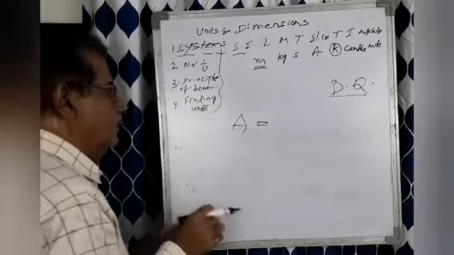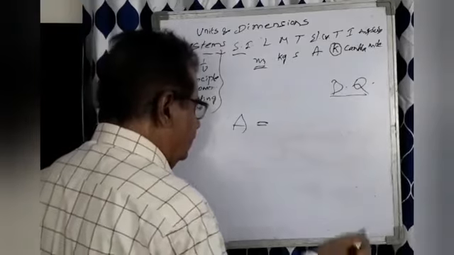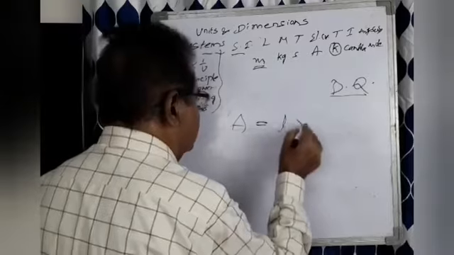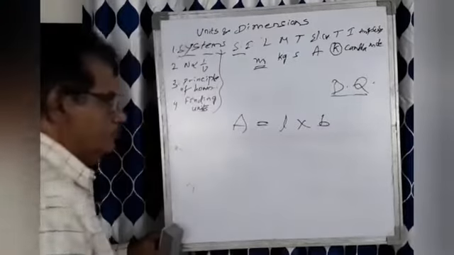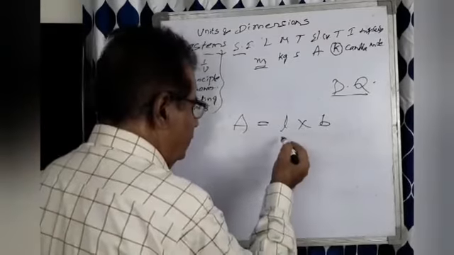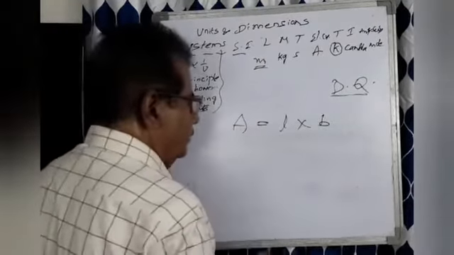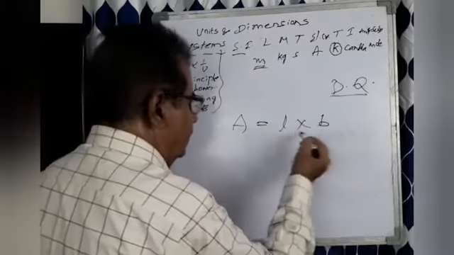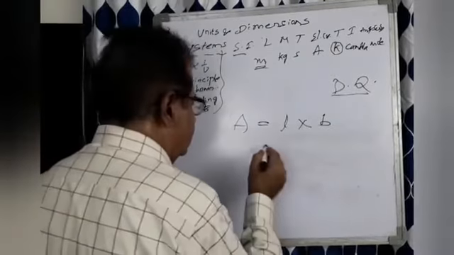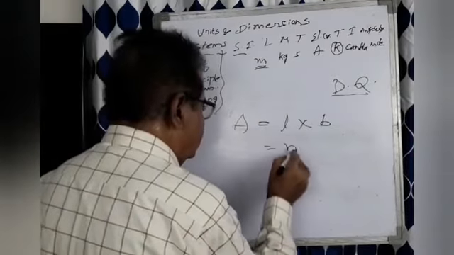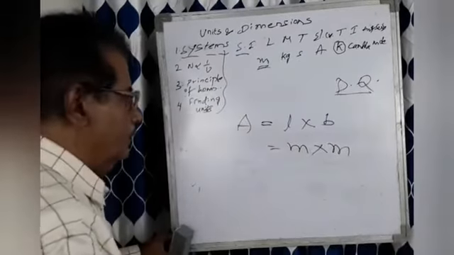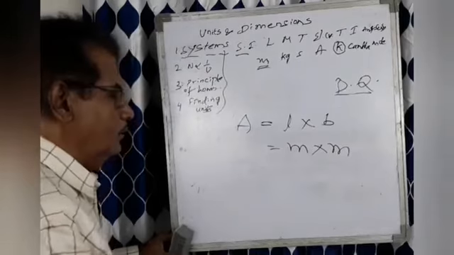So what is area? If you want the unit of area, you should know the definition of area. Area is given by the product of length and breadth. For a rectangle, the area is length into breadth. For a square, area is L into L, L square, where L is the side. L means meter, and breadth is also a length, height is also a length.